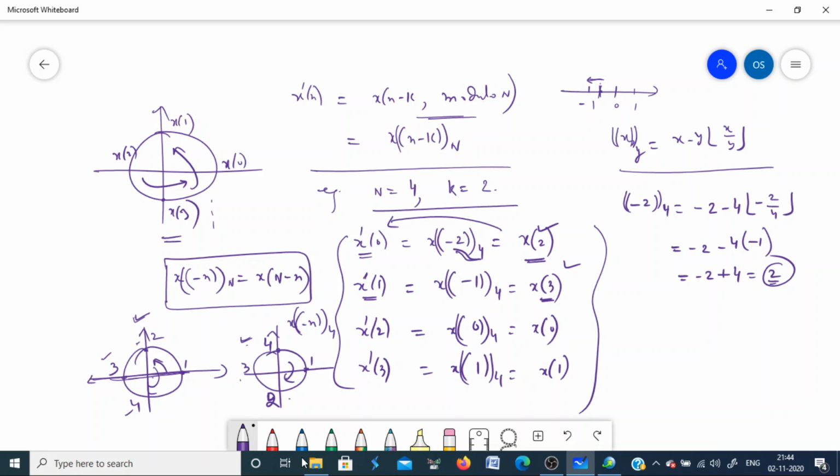So shifting, if it is x of n minus 2 modulo 4, it means you are shifting this sequence by 2 in the counterclockwise direction. If it will be x of n plus 2 modulo 4, you will get shifting the sequence in the clockwise direction. This is the difference. Okay, so in the linear it was shift to the right or shift to the left. In circular it is like this.